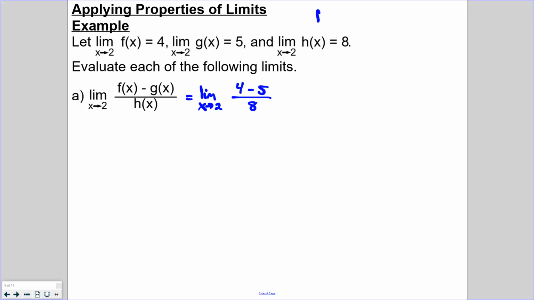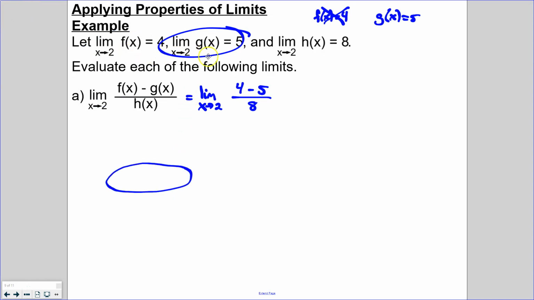Nowhere in this problem does it say f of x equals 4. Nowhere. It says the limit of f of x equals 4, so the intended height is 4, not the actual height. Same thing for g of x equaling 5. Nowhere in the problem does it say that. It says the intended height is 5, not the actual. And then same thing for h of x. So please do not make that mistake.